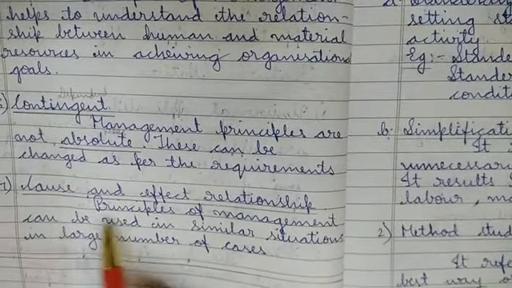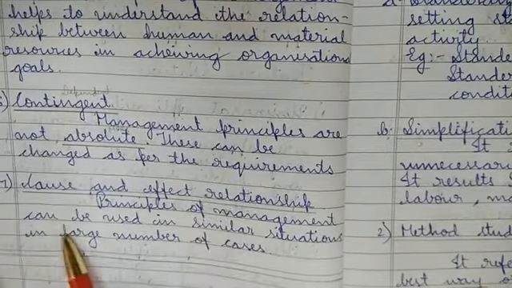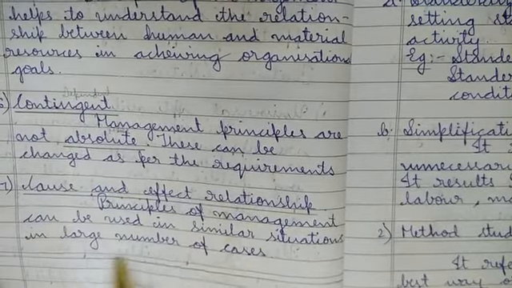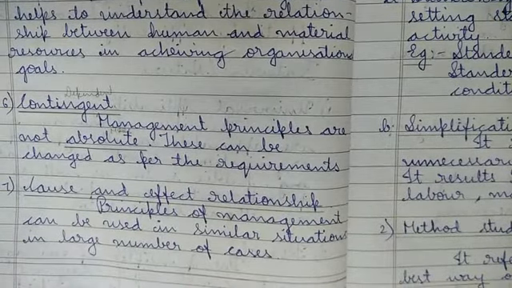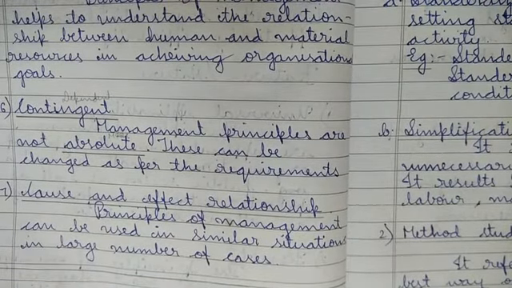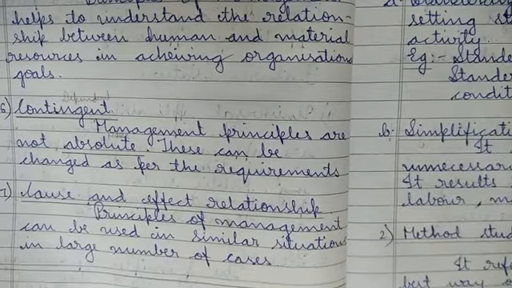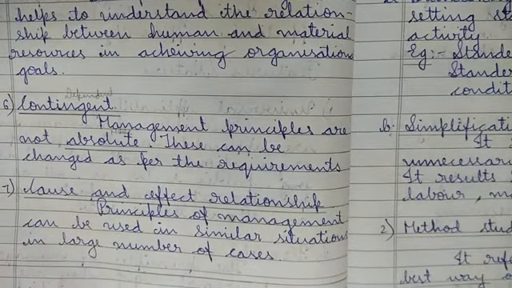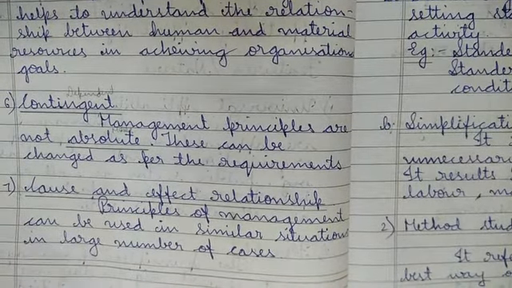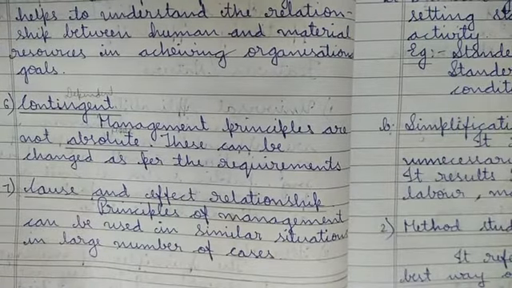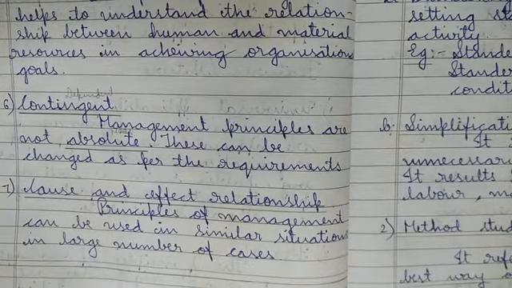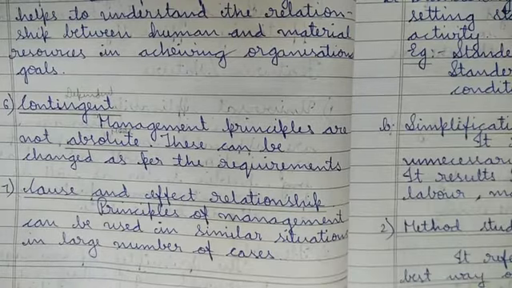Next, cause and effect relationship. Principles of management can be used in similar situations in a large number of cases. So these principles can be used in other cases also which are related to business. A big organization will follow the principles correctly, but small shops may not know appropriately what the principles are.